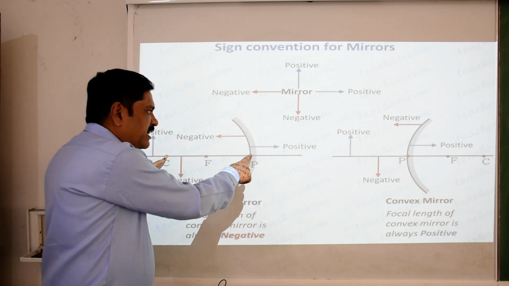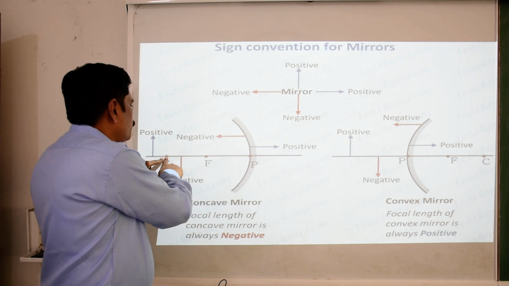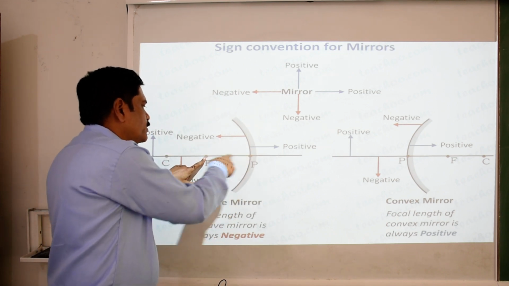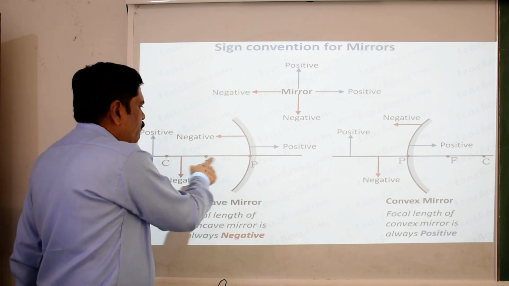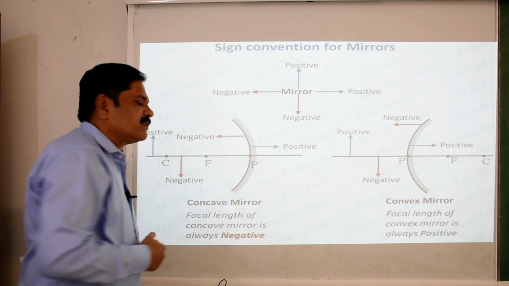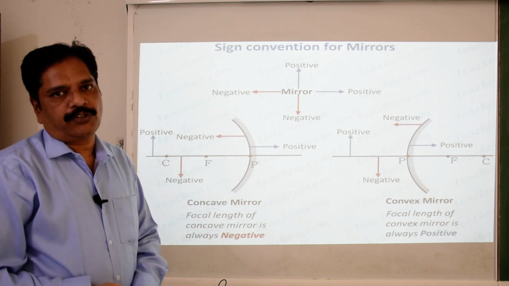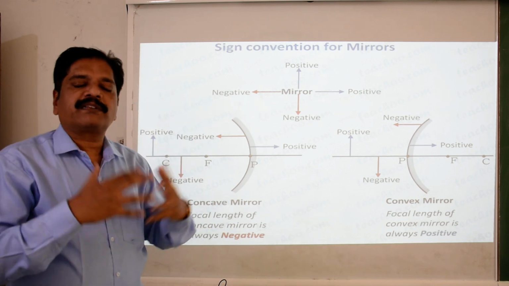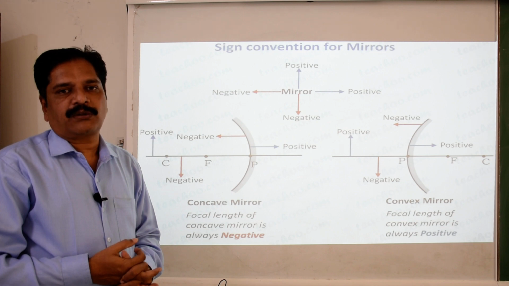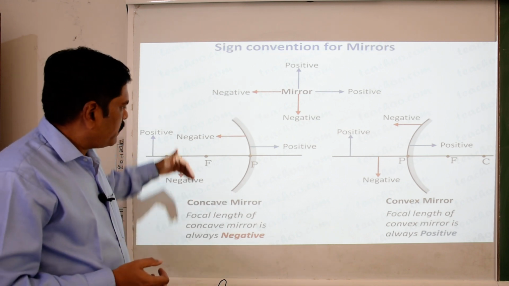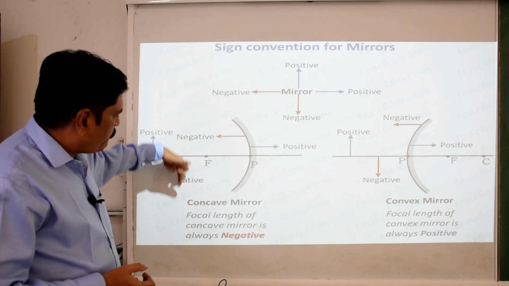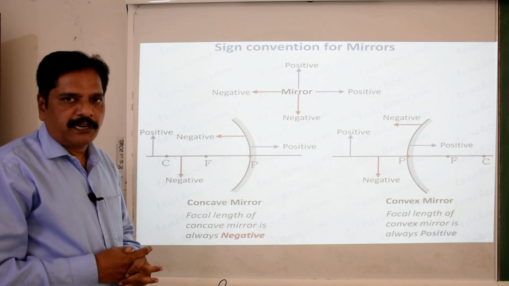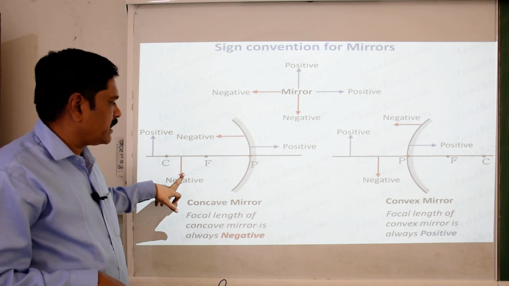This is the radius of curvature, from pole to center of curvature. This is the focal length, from pole to focus. So all these three will be negative in nature. Because this object is placed perpendicularly above the principal axis, its height is positive. But this image will form below the principal axis perpendicularly, so it will be negative.